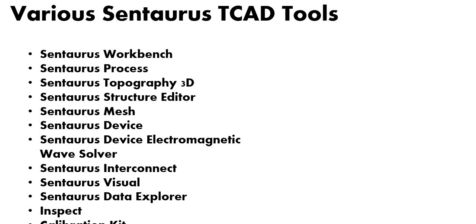Sentaurus Interconnect is used for interconnects, and Sentaurus Visual is used for the various results that you can get from all the above tools. Sentaurus Data Explorer, Inspect, and the last one, Calibration Kit, give you different types of visualized results which can be discussed, and further you can analyze those results.